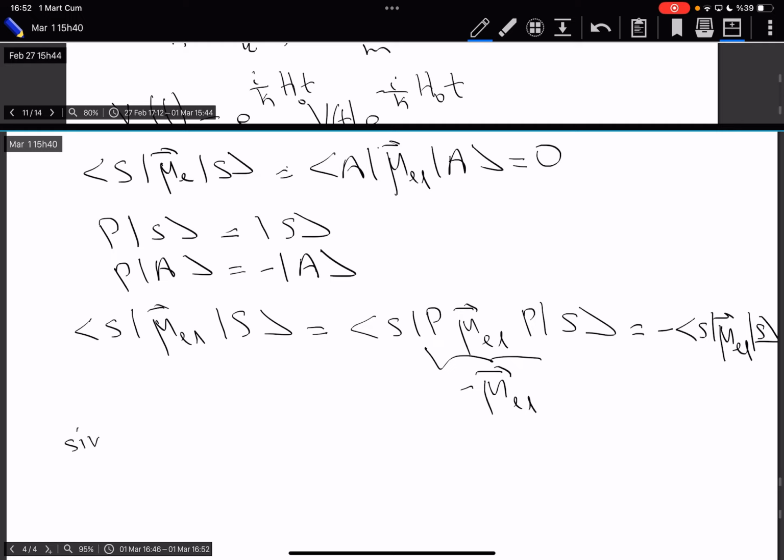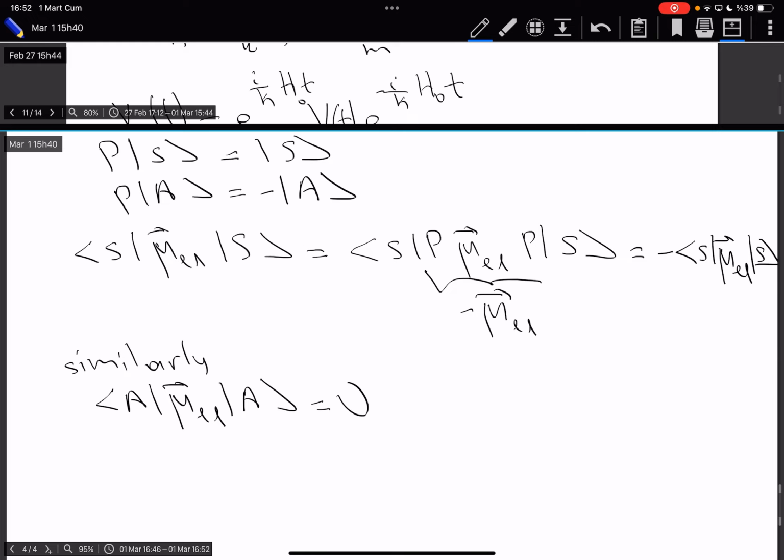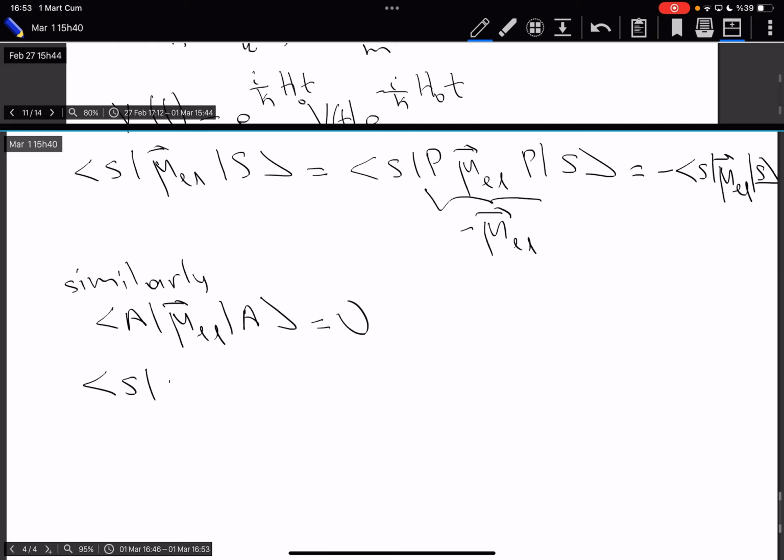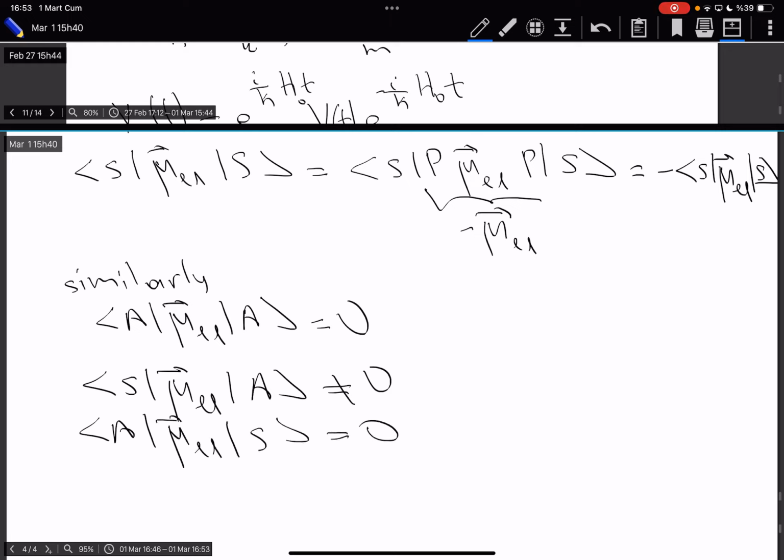Similarly, this is also 0. But this one and the other one do not vanish. So again, we are back to the same problem.